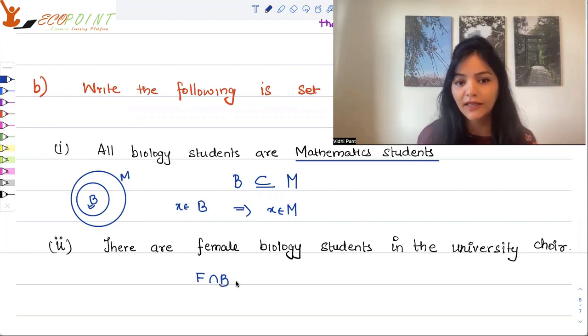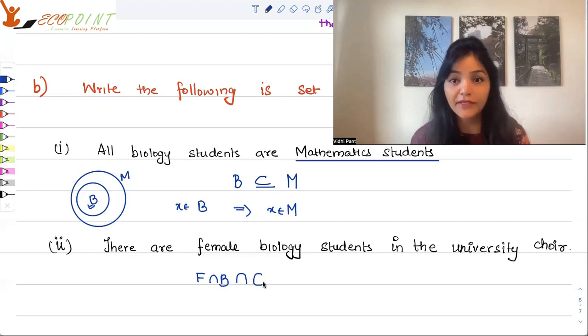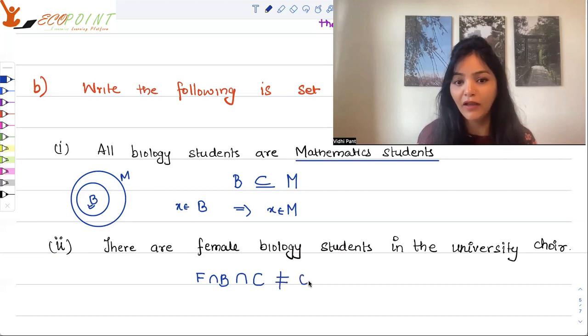So if I take the intersection of female biology students, that is F intersection B, with the university choir, that will not be phi. There does exist somebody in the choir from F intersection B, that is, female biology students. It was not specified whether all are in the choir. Nothing of that sort was specified. So this is best how we can portray it symbolically.